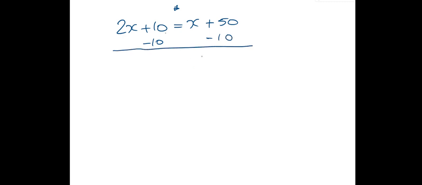So we do our little counting. 2x, so you can even think of it like 2x plus 10 minus 10 equals 2x, and on the right hand side, x plus 50 minus 10 is equal to x plus 40.